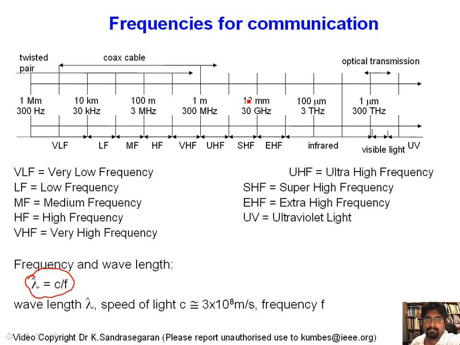The other thing that has been taking place over a period of time is that when wireless started, most of the communication was on this side of the spectrum, and slowly we moved to medium frequency, then to high frequency, then to VHF and so forth. Over a period of time, we have developed technology that enabled us to move further into the frequency band.